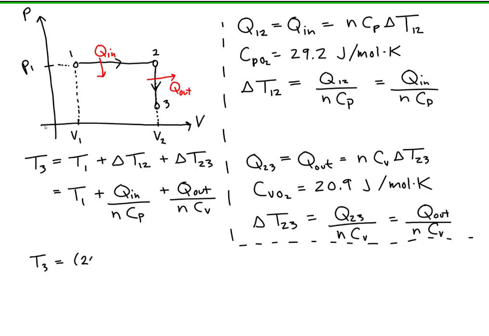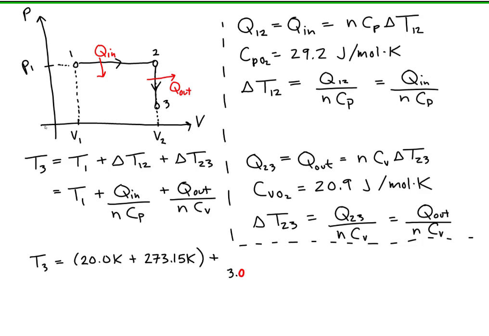We have expressed the final temperature algebraically in terms of the variables that we know, so we can now plug in numbers. T3 is equal to 20 kelvins plus 273.15 Kelvin. This is just the given 20 degrees Celsius converted to the Kelvin temperature scale.